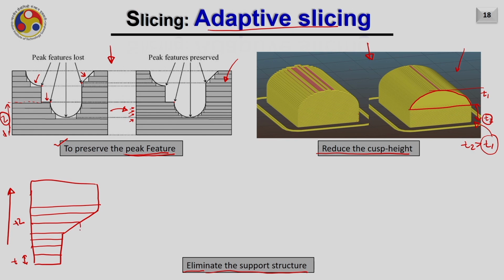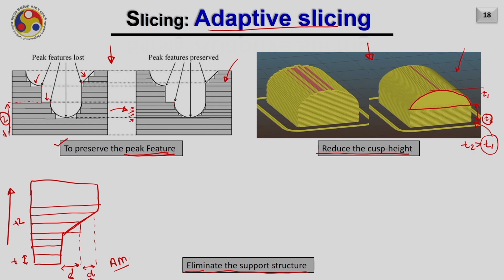What will happen for a particular layer thickness? I will be getting for this slant feature a certain amount of overhang. This is called D. Now here also this will be the same. Now it may happen that the additive manufacturing process which we are using may not support this much overhang. It can be reduced if we use lesser layer thickness in this region.